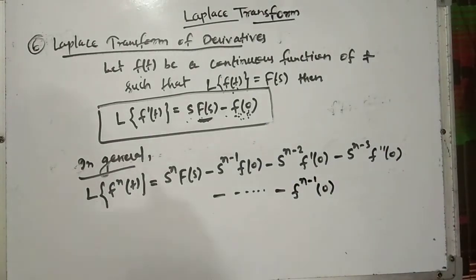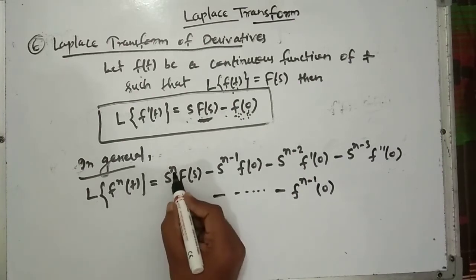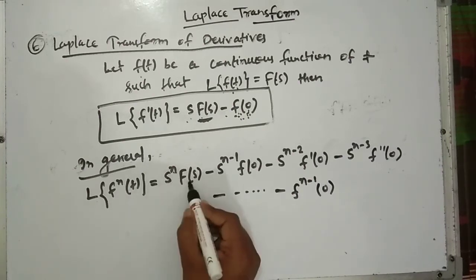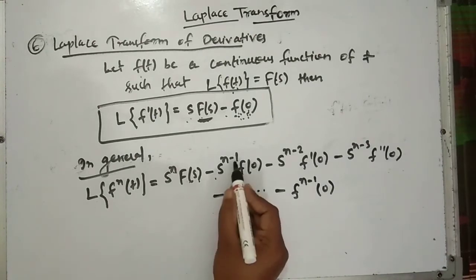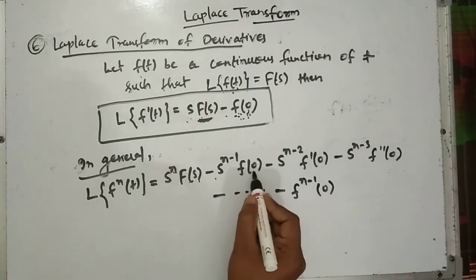If you put n equal to 1, the first derivative, then s F(s) minus s to the power 1 minus 1, which is 0, s to the power 0 is equal to 1, so only f(0).